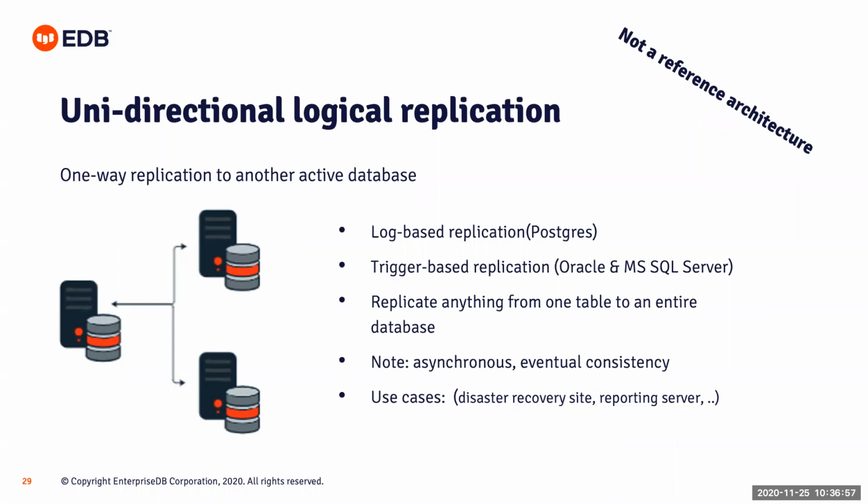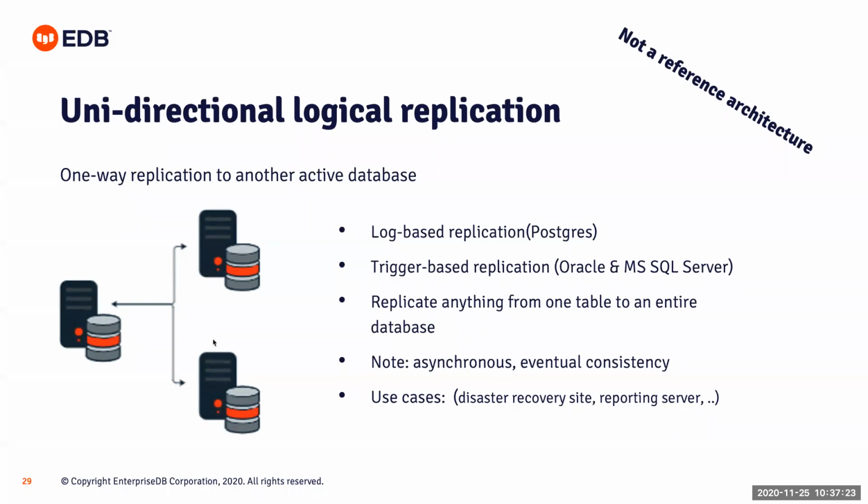So you replicate the changes. And again, this is asynchronous, so you have eventual consistency. So data coming from, for instance, this server, if we consider this as the master server or the primary server, then changes are being applied here and then replicated to the other servers here.